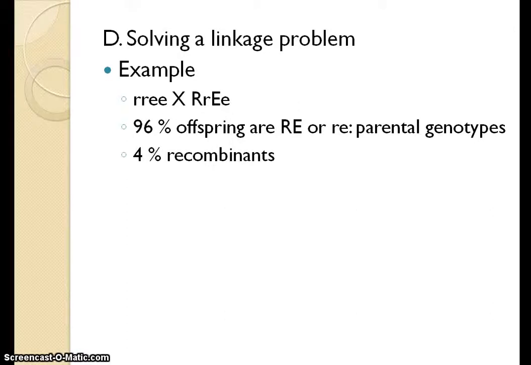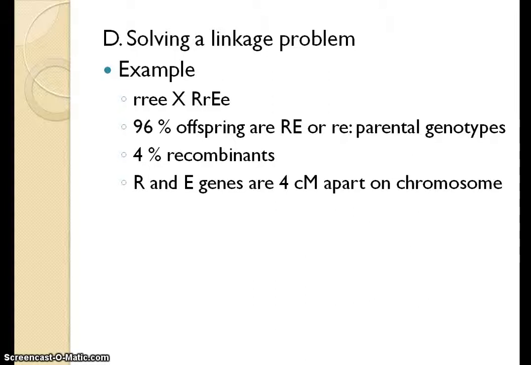Only 4% are recombinants. We use that recombination frequency to determine how far apart they are. So we would say in this example that R and E genes are located 4 centimorgans apart, or 4 map units apart on the chromosome. That's because 4% of the offspring were recombinants or non-parentals.